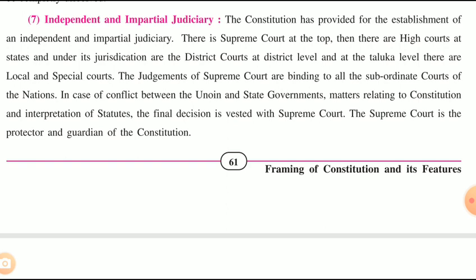So the Supreme Court is the protector and guardian of the constitution, and is not based or related to any of the legislative assembly or executive committee. It is independent and impartial.